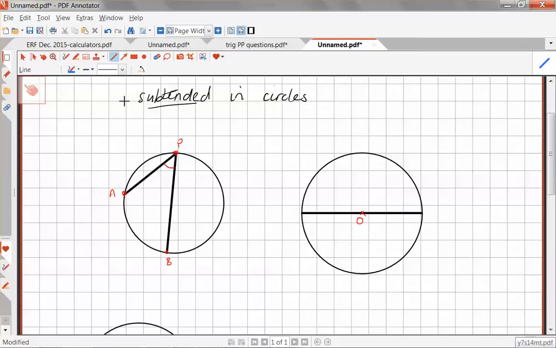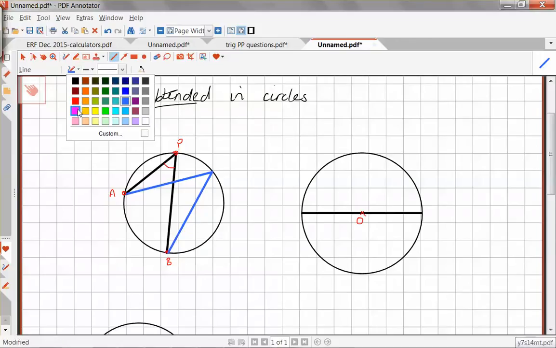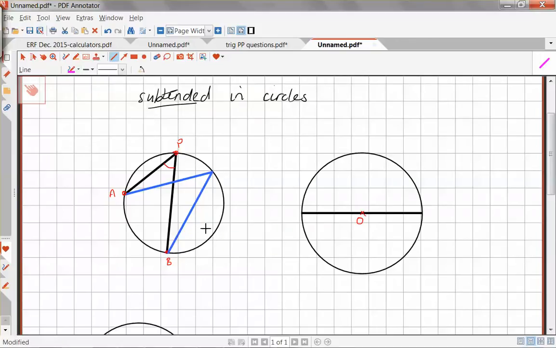Basically what I've done is I've gone from a point to another, so 3 points. Now the circle theorem, the rule, is that if I go from the same starting point to the same finish point, but go to a different point, I get another angle.